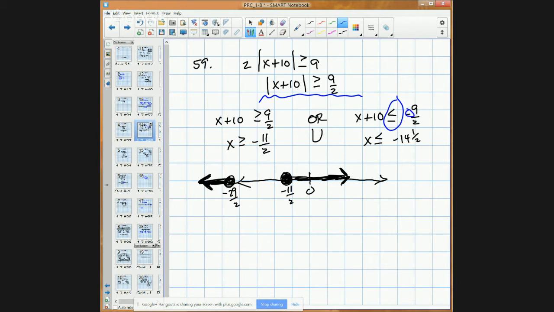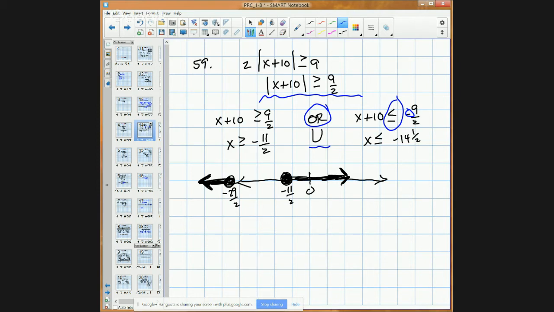Because this is an absolute value greater than, it means we're going to have a union, a split graph, so a split answer, so to speak. So anyway, then just do the algebra. There's very little algebra. Subtract 10 from both sides. Well, what is 10 in terms of halves? It's actually 20 halves.